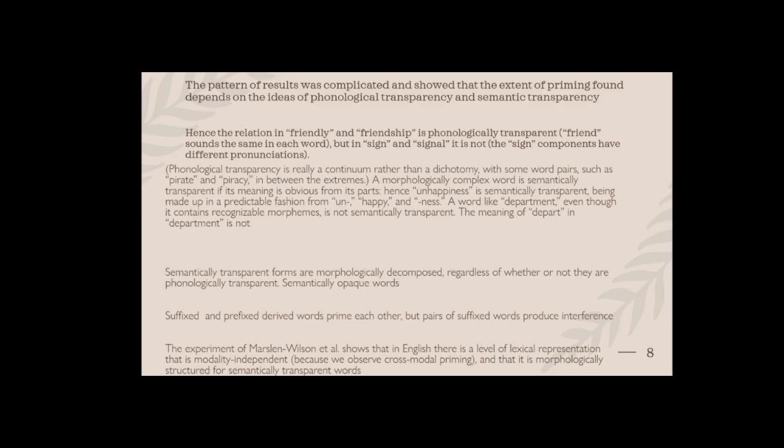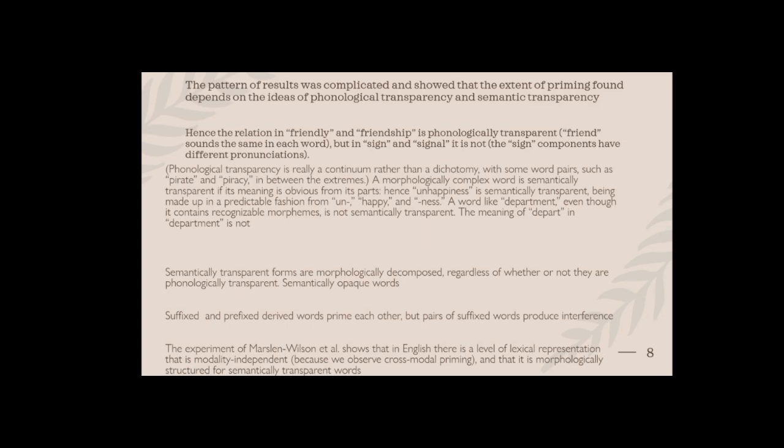So semantic and phonological transparency affect the way in which words are identified. Next, semantically transparent forms are morphologically decomposed, regardless of whether or not they are phonologically transparent. Semantically opaque words are not. Suffix and prefix derive words from each other, but pairs of suffixed words produce interference.